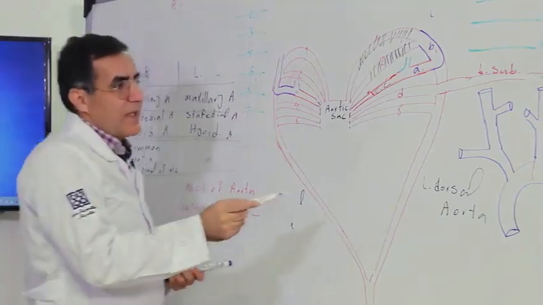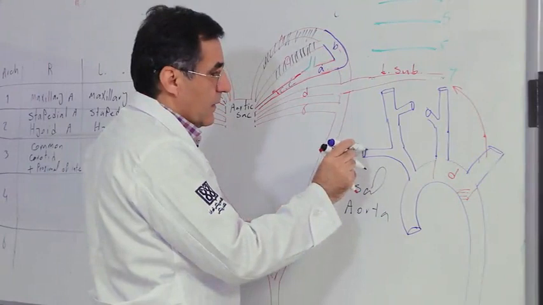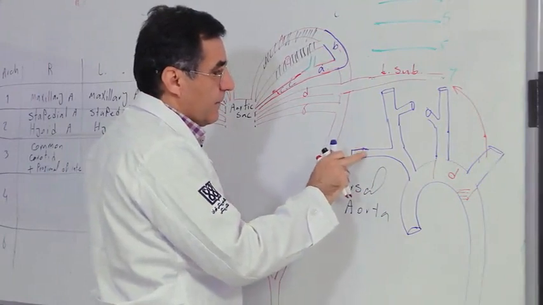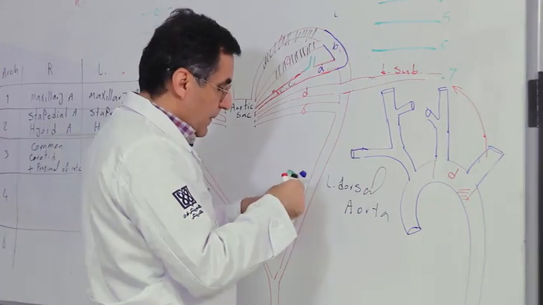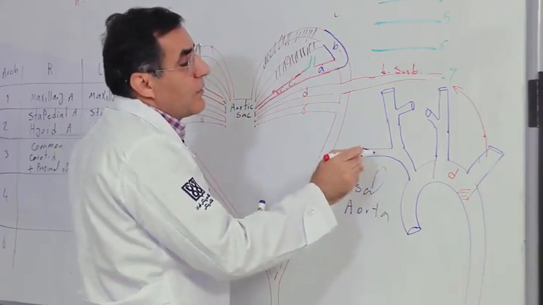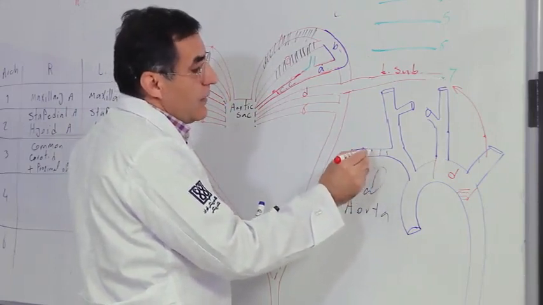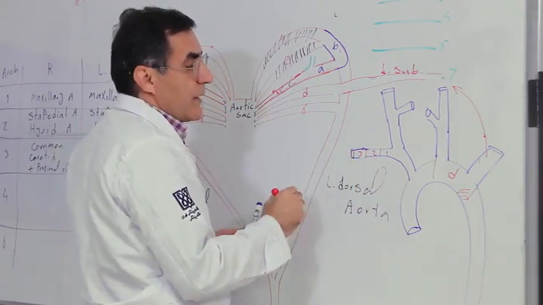The right subclavian artery in the anatomy, here, has 3 origins. I write here number 1, number 2, and number 3.